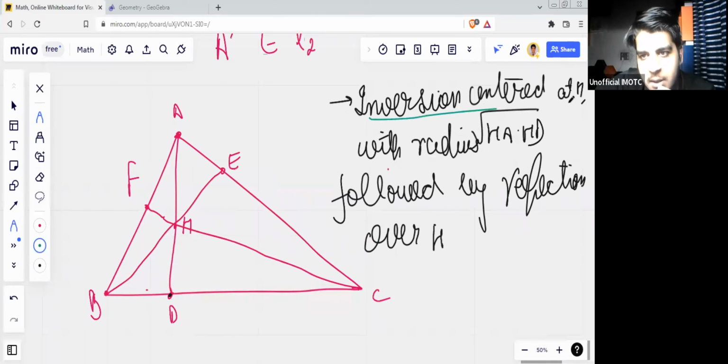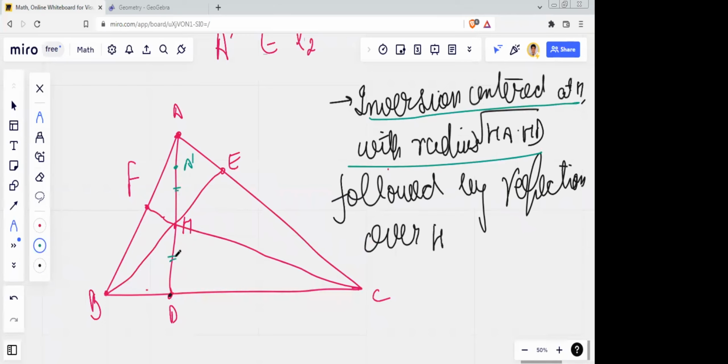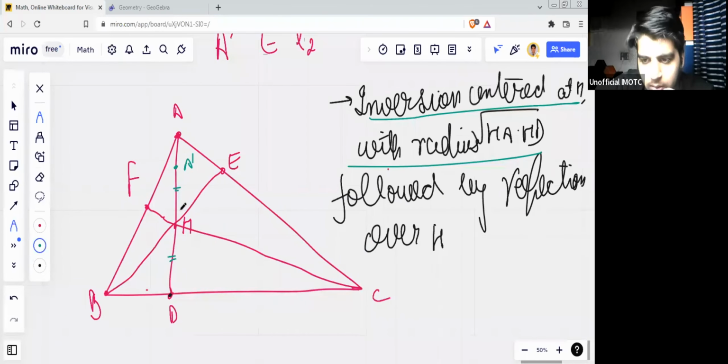Okay, so now when you take the inverse of A, after doing this inversion part, the inverse of A is a point A dash such that HA equals HB, and HA dash equals HD, right? Reflection. Say again, Anurag.